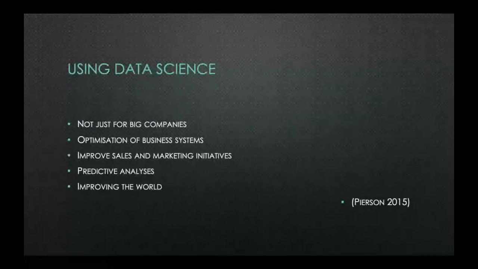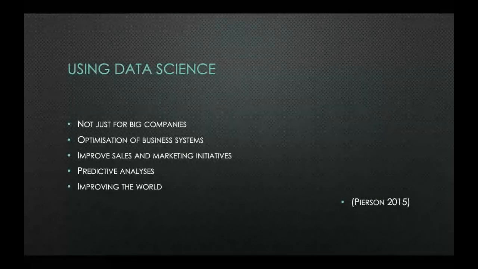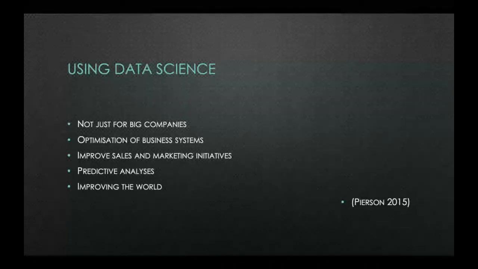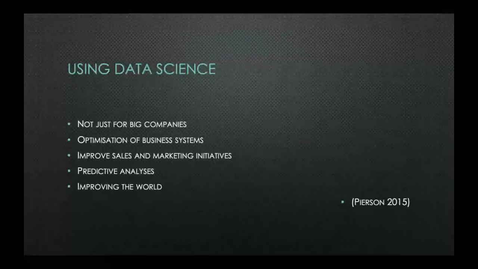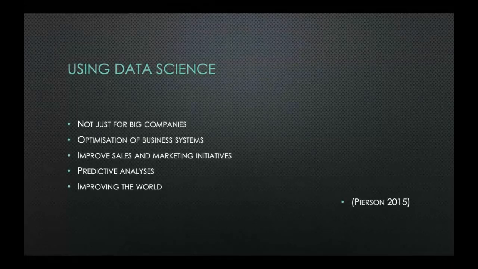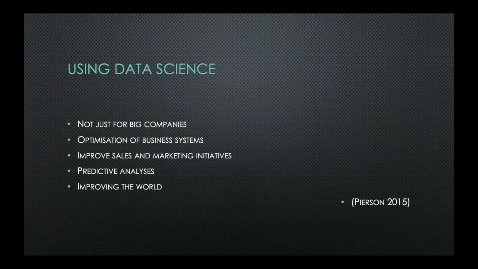So I'm not sure, but some people say, okay, that's true that data science is improving the world. Of course, it helps the business system to be optimal, right? So more customers also benefit from that. Let's say you plan a trip and then you just go to Trip Advisor and then you can find a lot of comments, right?